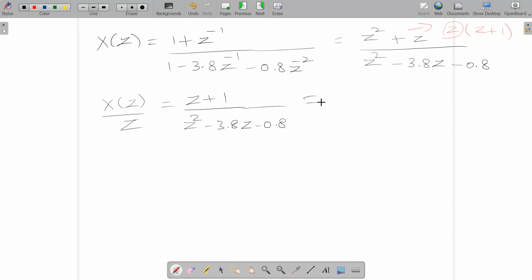Once you have written x of z by z properly, now apply the partial fraction. For the denominator we have to factorize, and we get (z minus 4) into (z plus 0.2). Multiplying minus 4 into 0.2 gives minus 0.8, and minus 4 plus 0.2 is minus 3.8.